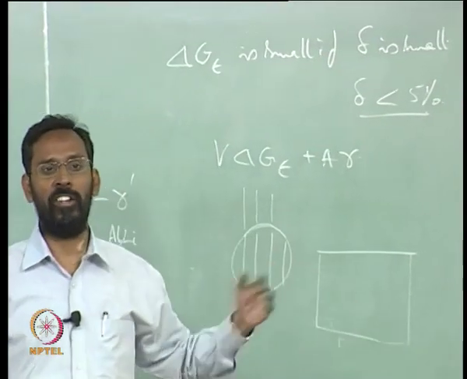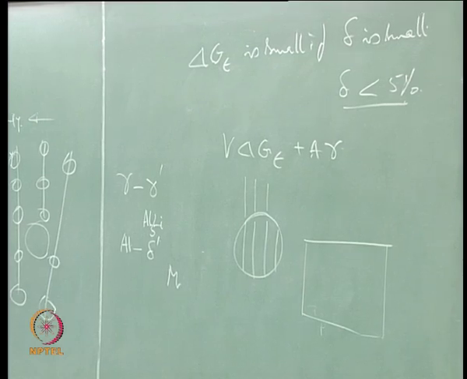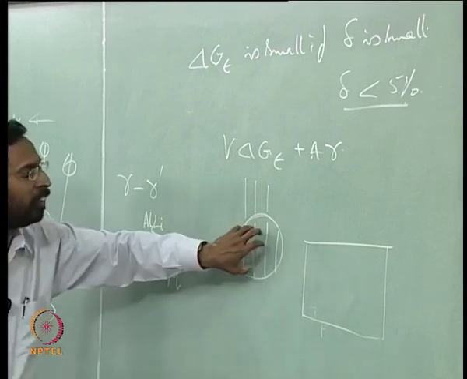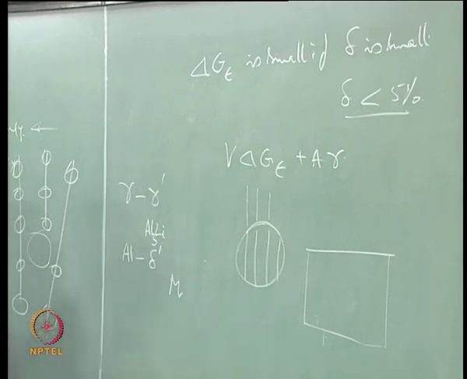If the misfit is large, as we have seen yesterday, then the strain energy with a sphere is always higher. That is what we have seen, the highest is with the sphere.